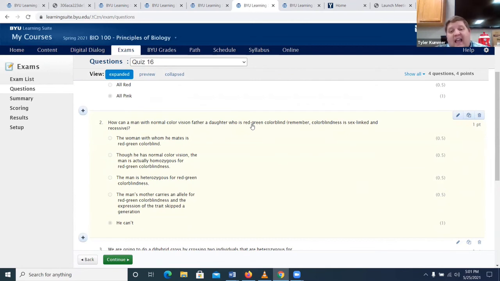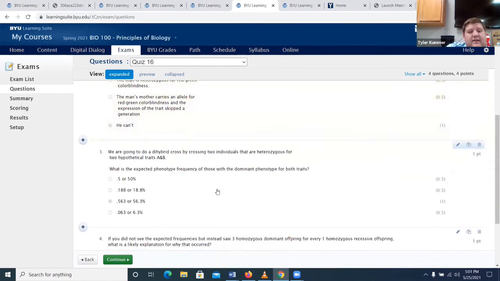Her father's X chromosome has to have that recessive allele. So if he has normal color vision, he couldn't have a daughter that ends up red-green colorblind because he would have had to have given his X chromosome, which has the normal color vision allele on it. So he can't would be the answer here.